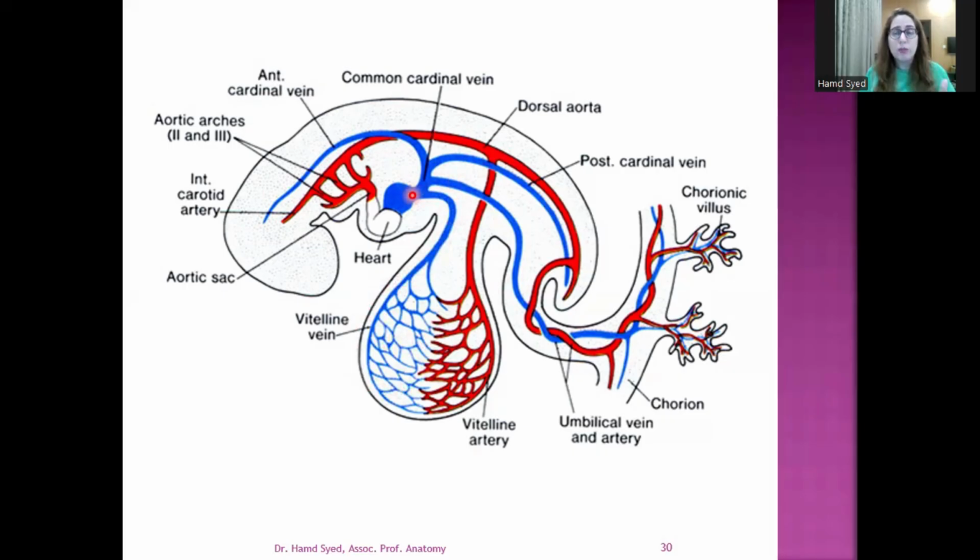As this blood enters the caudal part of the heart tube, it will travel through it, and from the cranial end you can see the aortic sac. Here emerge the aortic arches, which are numbered according to the pharyngeal arch in which they are located, and then the blood enters the dorsal aorta, and also you can see the umbilical arteries. They are going to carry the deoxygenated blood away from the embryo to the maternal placenta.